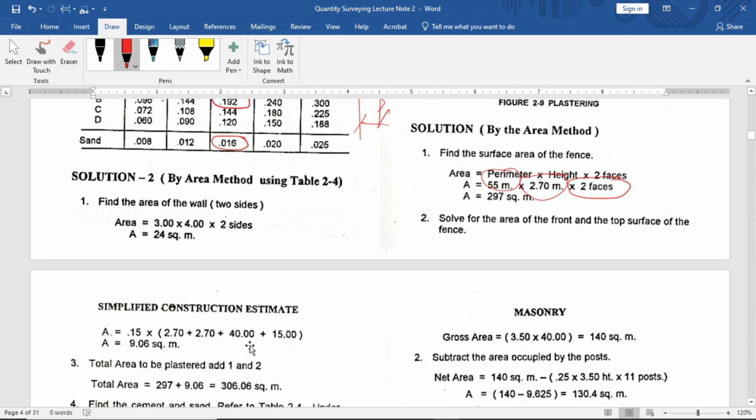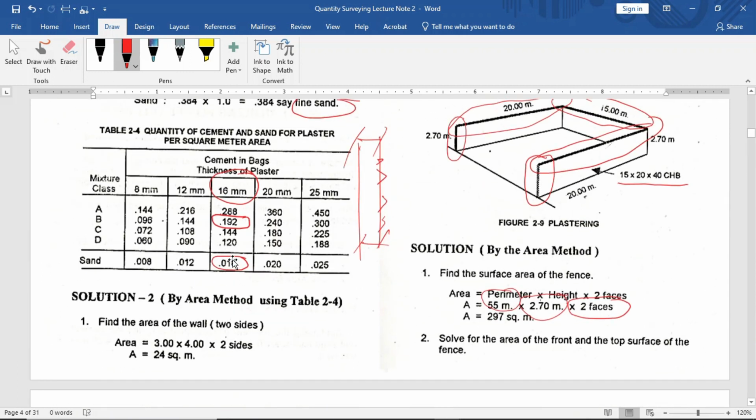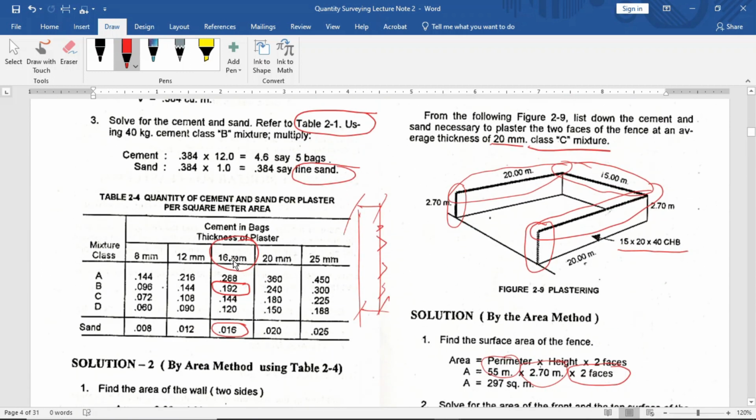So, ang total area is 297 plus 9.06 is 306.06 square meters. So, refer tayo sa table ulit 2-4 for 20 mm thick class C. 2-4. 20 mm thick. Ayan. 0.18 tsaka 0.02.